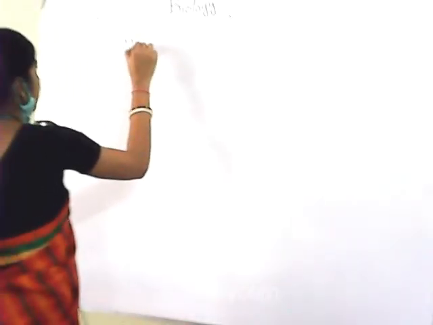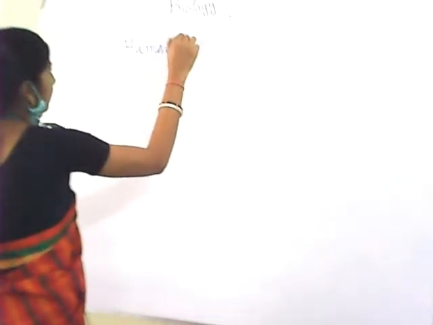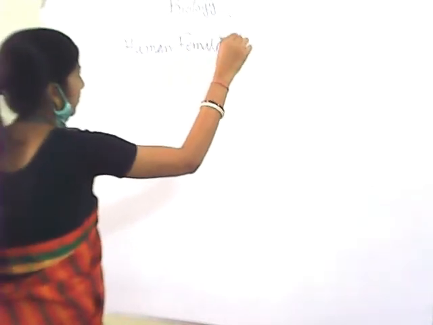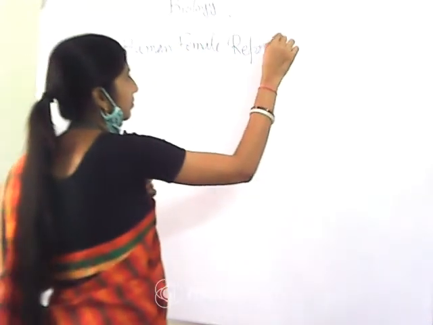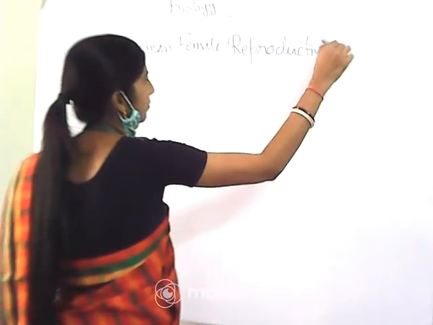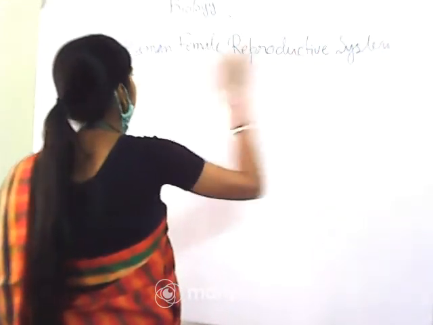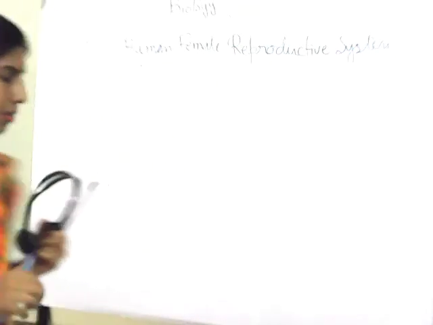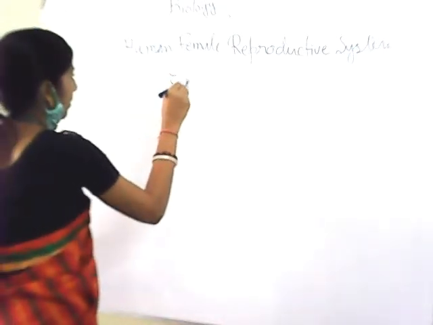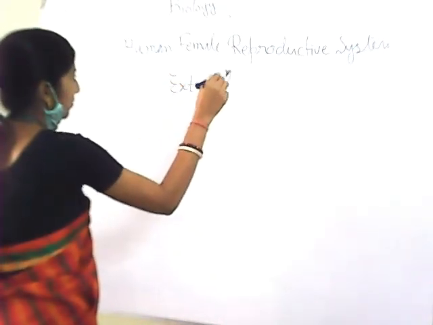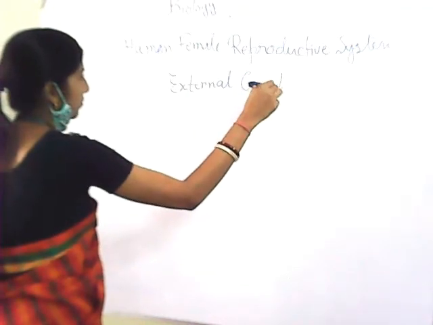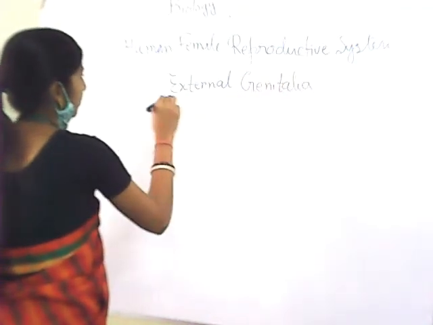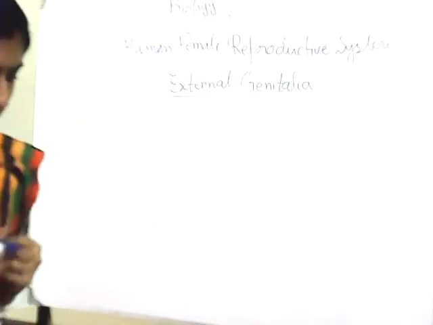So first, today's topic is the human female reproductive system, and first I will discuss the external genitalia of the female reproductive system.